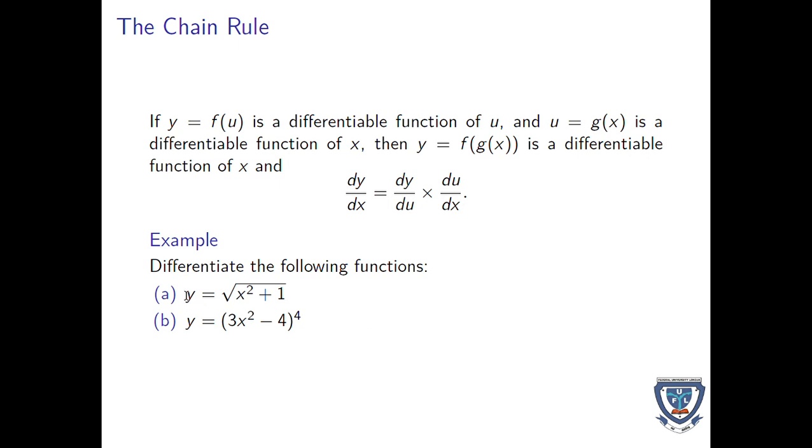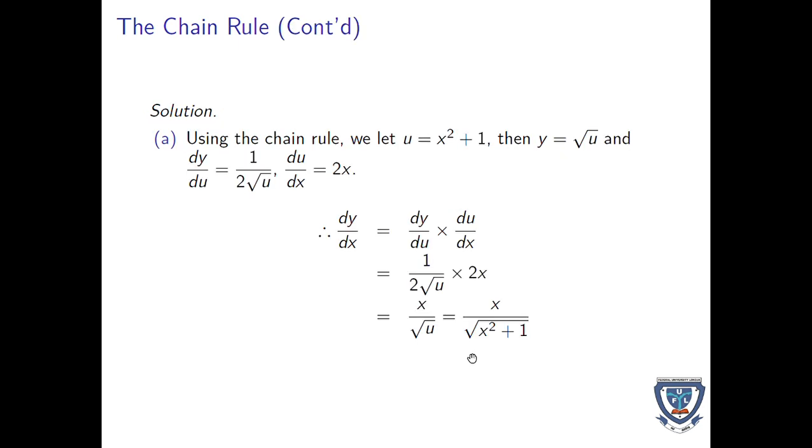Now, this example says we should differentiate the following functions: y is equal to square root of x squared plus 1, and y equal to 3x squared minus 4, all raised to the power of 4. Now, the solution to the problem is this. For a, you say let u be x squared plus 1 so that y will now be square root of u.